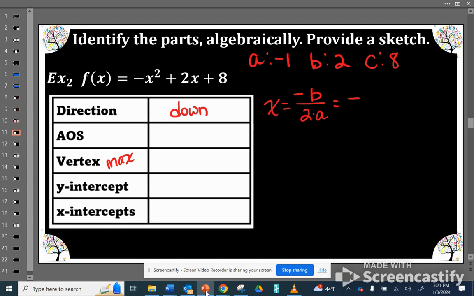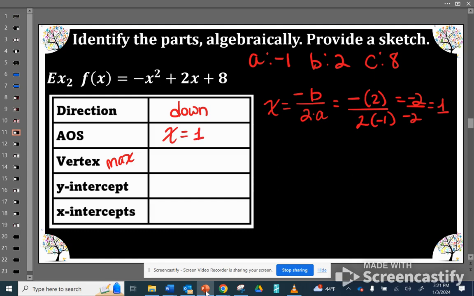So we have negative from the formula. Our b value is 2 over 2 times the a value of negative 1. So we have negative 2 over negative 2, which is a positive 1.